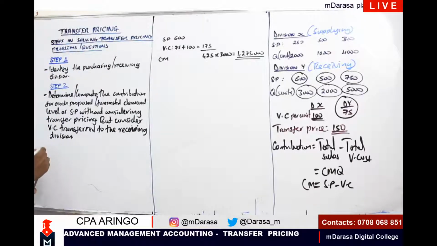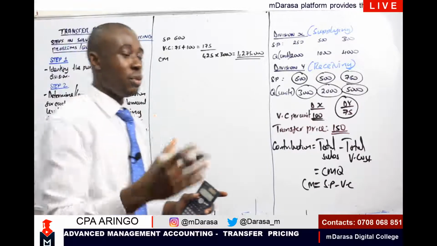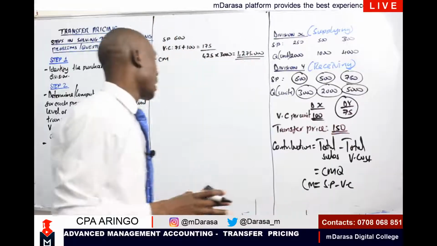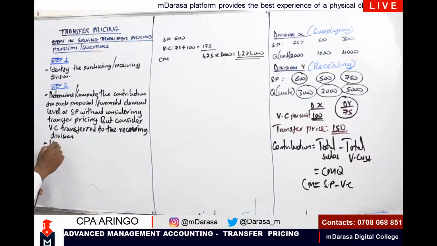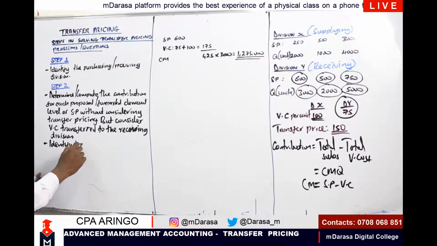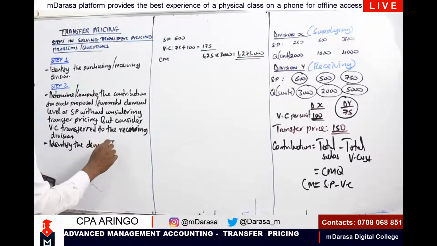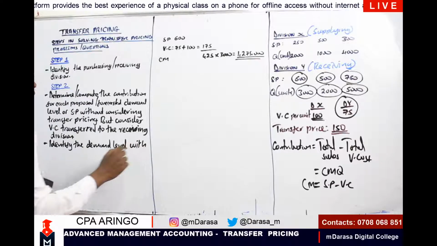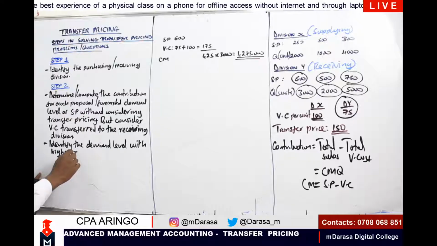So still on the same step number 2, after I have determined the contribution under each proposed demand level or selling price, I'll also be required to identify the demand level with the highest contribution margin.